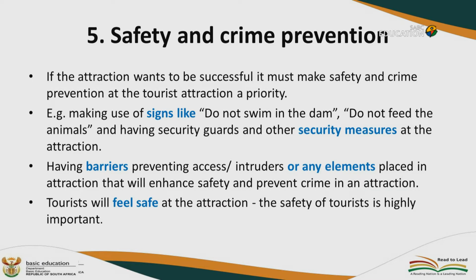If the sign says do not swim in the dam, do not swim in the dam, because that is for your own safety. So you cannot blame the attraction and say they did not ensure the safety of a certain tourist. No. The guidelines were there, the rules were there, that they said do not swim in the dam, meaning that that particular attraction is adhering to safety and crime prevention principles.